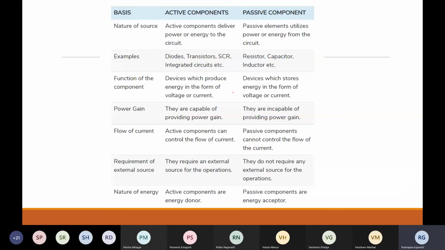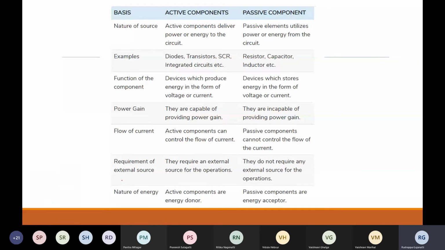It cannot provide power to the circuit, but it utilizes the power which is provided. So these fall under the passive component type. If I consider examples, we have diodes, transistors, SCRs, and integrated circuits, which form the active components. And passive components, here you can see the resistor, capacitor, and inductor.